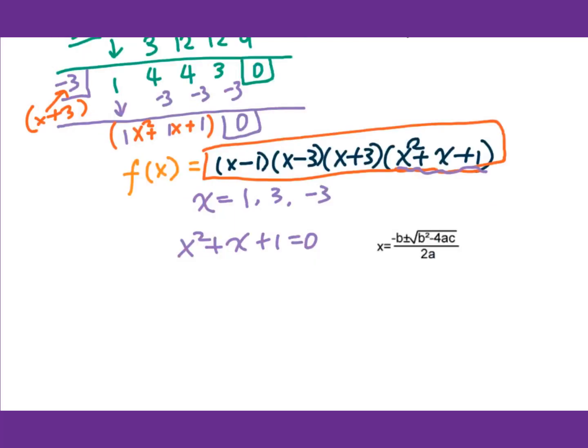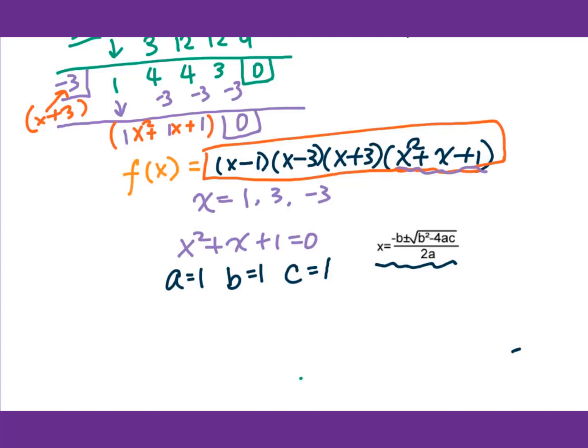Since we cannot factor this quadratic function, you have to use the quadratic formula to solve for x. We got a equals 1, b equals 1, c equals 1.